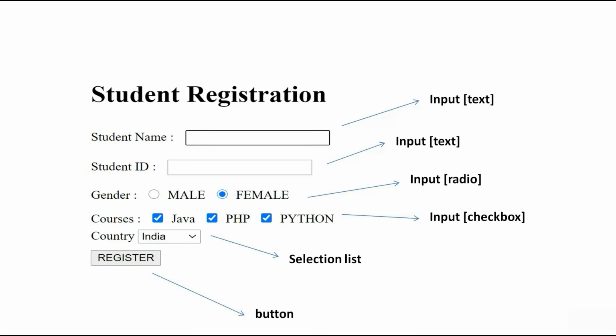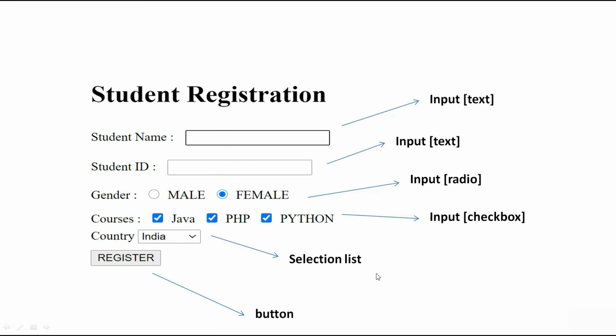This complete picture is called as a HTML form, and all these things are called as HTML form child elements. Already we have discussed HTML form is a collection of tags which are used to take input from the user. Form is a tag, and in that form we will have the child elements, and all these are called as child elements, and this entire picture is called as HTML form.